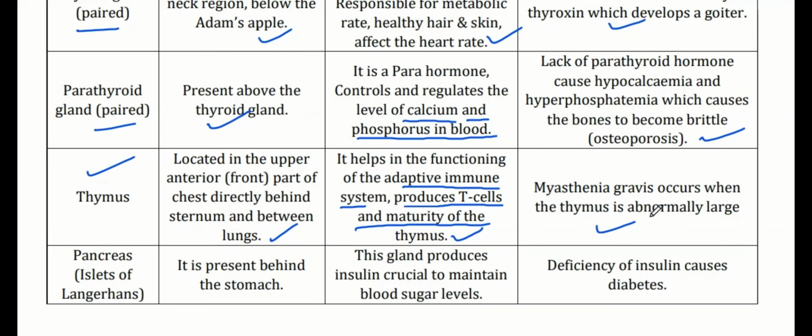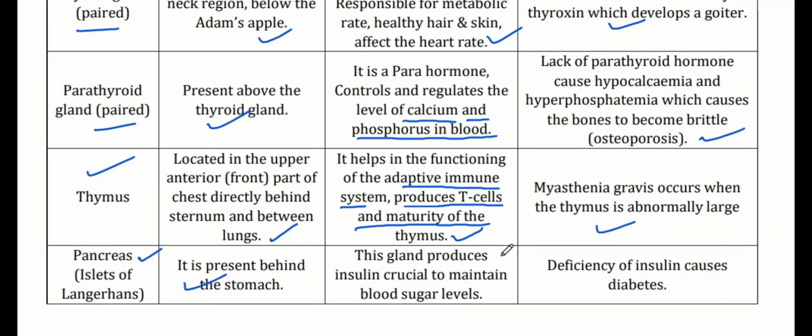The next gland, the pancreas. It is very viral nowadays, no? So many people are diabetic, no? It is due to the function of the pancreas. Let's see what the pancreas is. Islets of Langerhans. It is present behind the stomach.